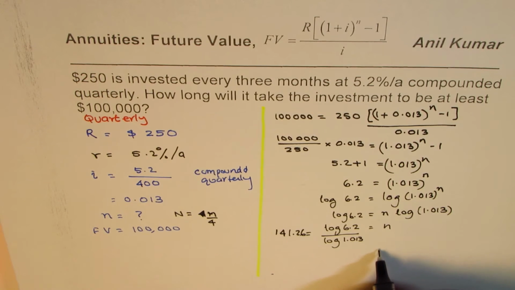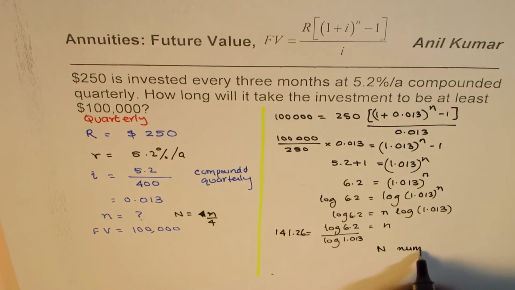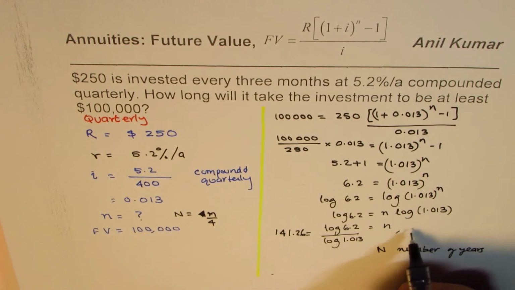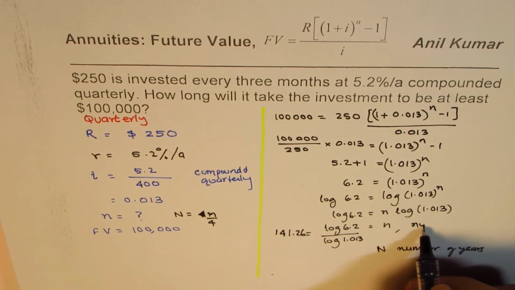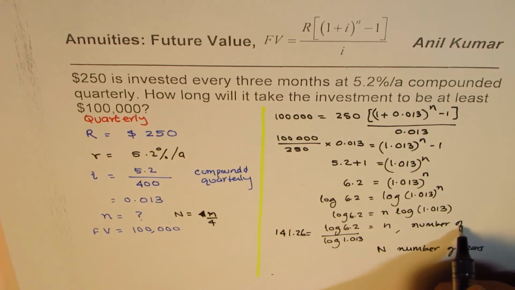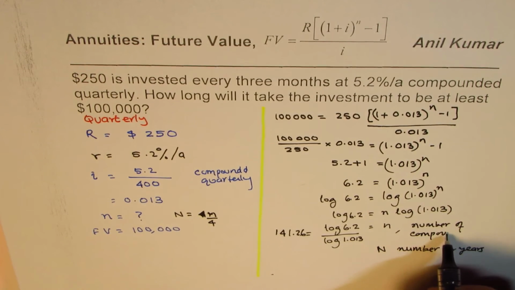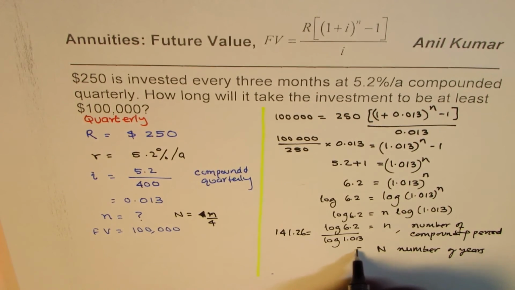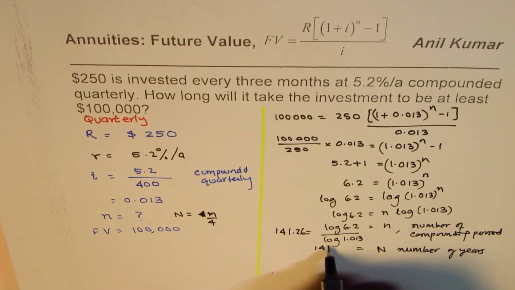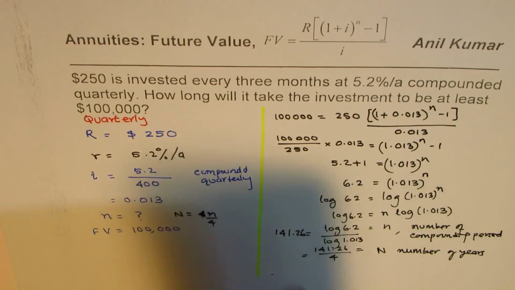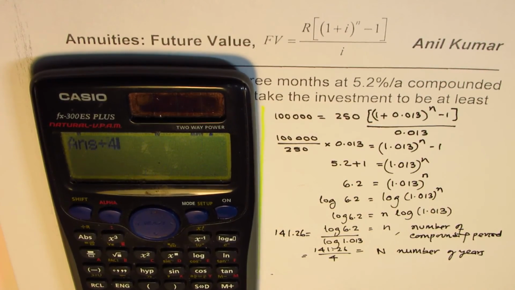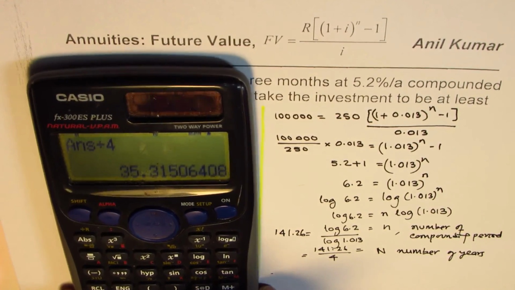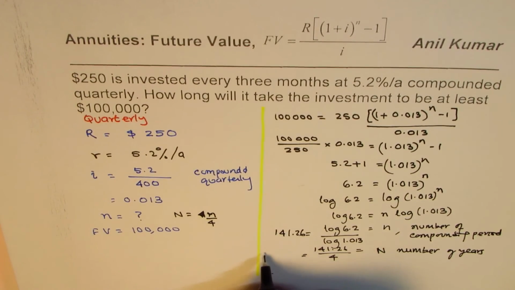So let n be the number of compounding periods, which is 4 in a year. So we are going to divide this by 4. So 141.26 divided by 4 to get the answer. So let's divide this by 4 and we get 35.3.